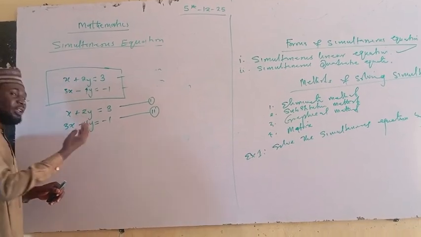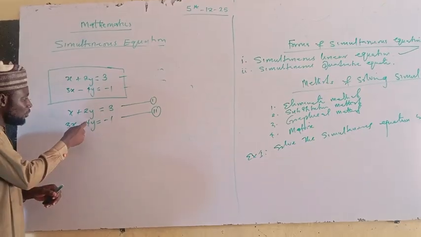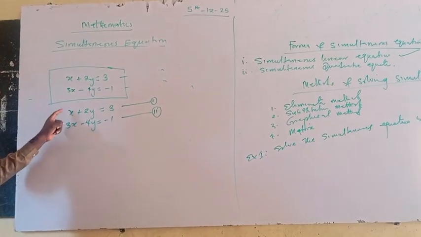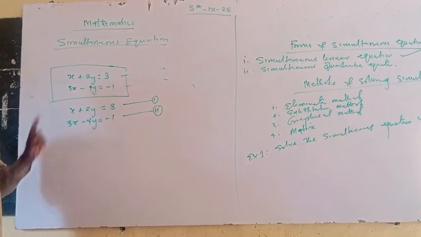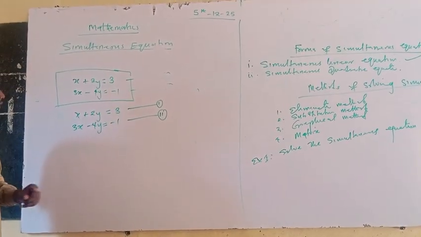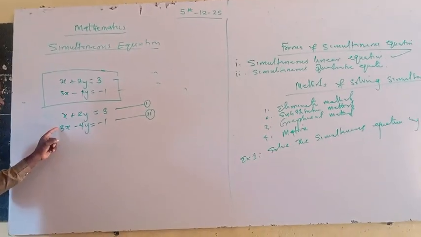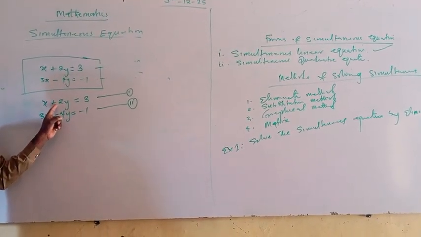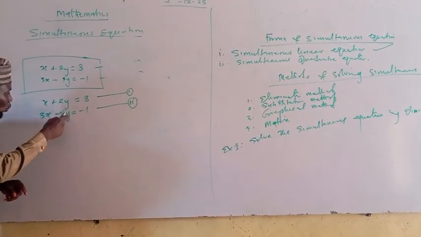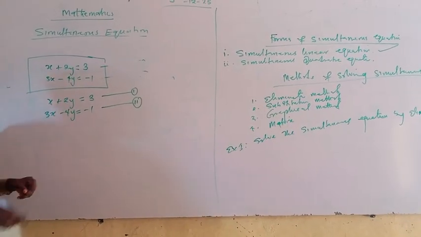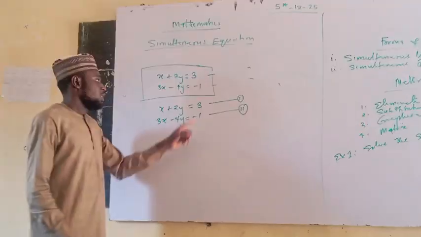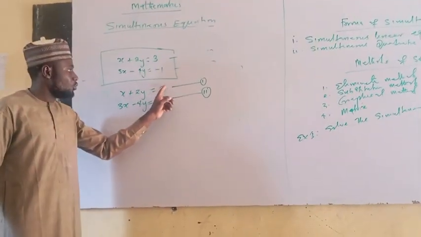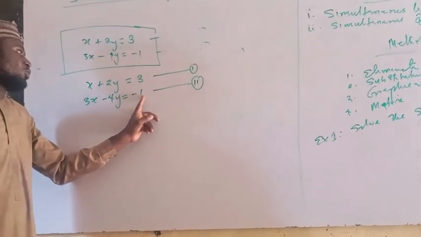Wannan y kuma a nan guda uku ne. Shi yasa ya zama 4y. Amma za ku lura wannan x a nan positive ne plus ne. Wannan ma positive ne plus. Wannan y nan positive ne plus. Amma wannan y a nan negative ne minus. Sai kuma wannan kuma is equal to 3. Wannan kuma is equal to 1.